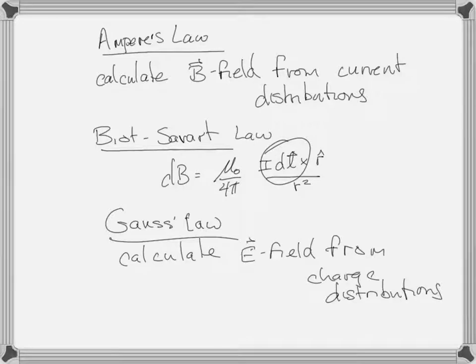Okay, so I got interrupted, so let me just say, Ampere's law is going to show us how to calculate magnetic fields from current distributions like Biot-Savart law, but it's a simpler form like Gauss's law compared to Coulomb's law. Gauss's law was for calculating electric field from charge distributions.